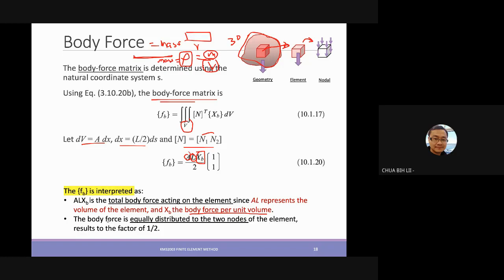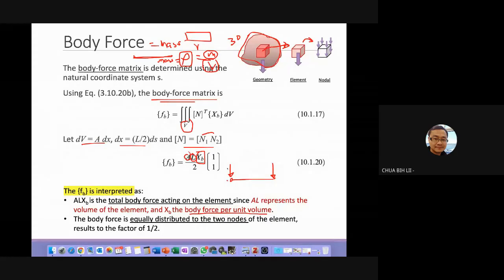The body force will be equally distributed to the two nodes, since this is a bar element. No forces will be applied at the middle, all the forces will be applied at the nodes. Therefore we have to equally distribute them according to the nodes.